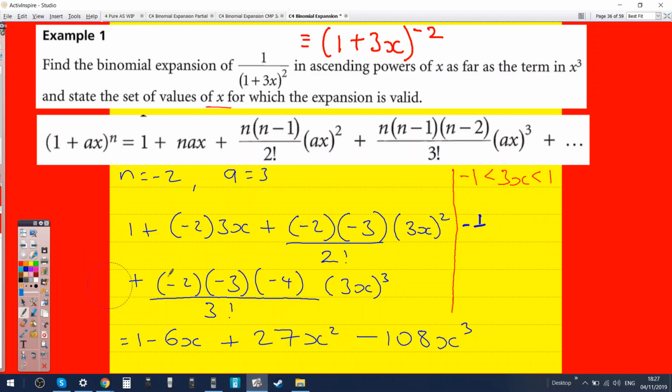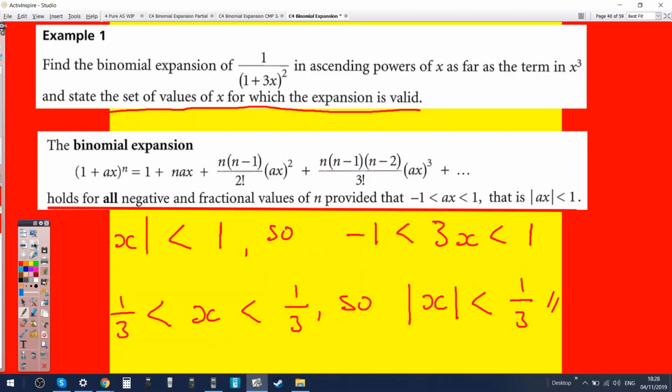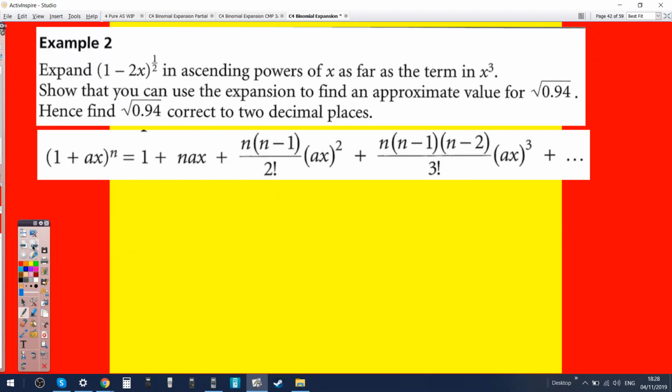So you do the absolute, absolute x is less than a third. That's it. So basically our expansion is true for values of x between a third and minus a third. Basically, the absolute value is less than a third. Yes, that's it. Okay. How about this? Expand.